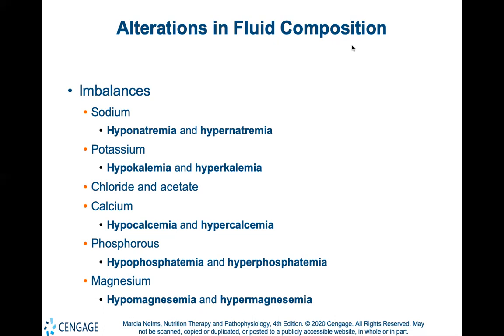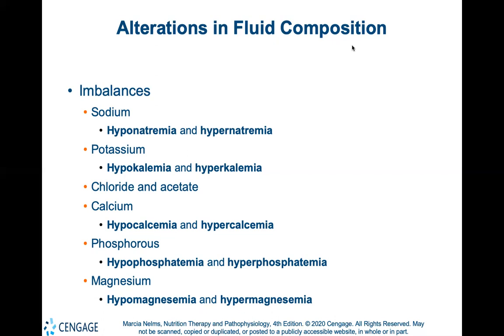Potassium is a major intracellular cation and is responsible for regulation of the intracellular fluid volume. Abnormalities in potassium are often life-threatening due primarily to the role of potassium in neurotransmission and muscle contraction. Distribution of potassium in both extracellular fluid and intracellular fluid is influenced by acid-base balance and hormonal secretion.